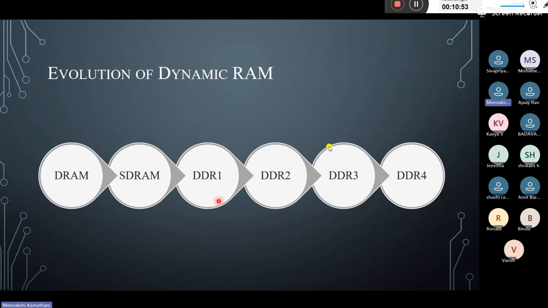On every clock edge, both the positive and the negative edge, the data is transmitted. In two edges we are transmitting, so fewer clock cycles are required to transmit our data. Initially we had DRAM, then came SDRAM, then DDR 1, 2, 3, 4, and 5 is also done. Right now we are working on DDR6.